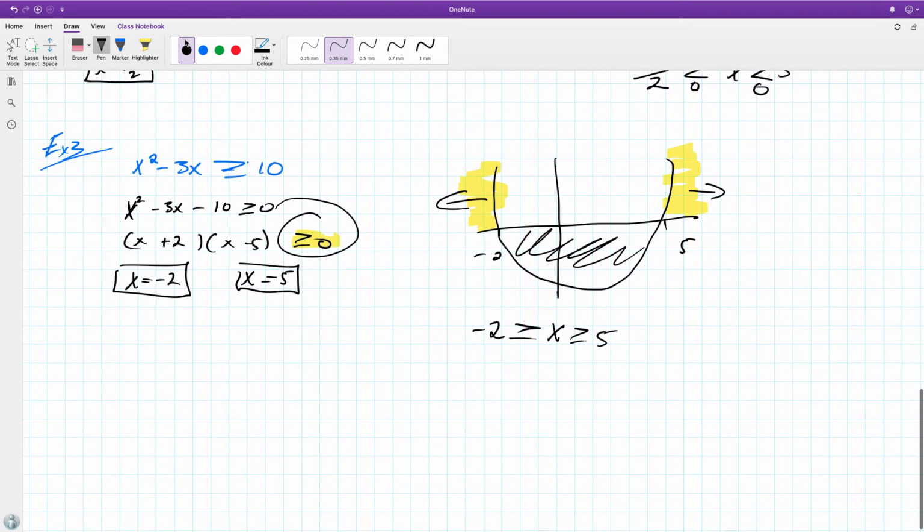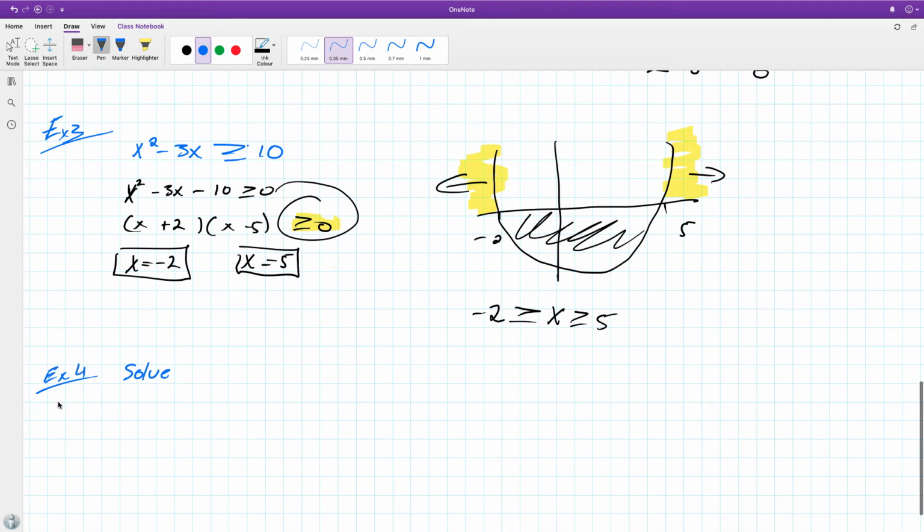Right, let's do another one of these. Have a go at this one. Four x squared minus 9 greater than or equal to 0. Off you go.